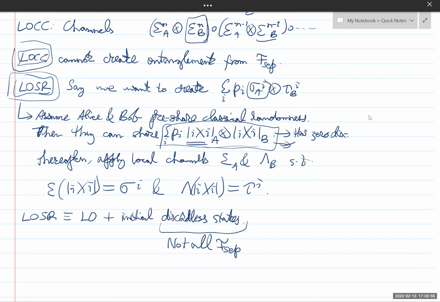I think it is true that zero discord means that you should be able to express a state in this form. Okay, now, maybe it takes us a bit too far, but I actually don't remember all these things. So you're saying we have a distinction between classical correlation, quantum correlations, and entanglement, and they can all appear. So a separable state with quantum discord has quantum correlation, but no quantum entanglement.